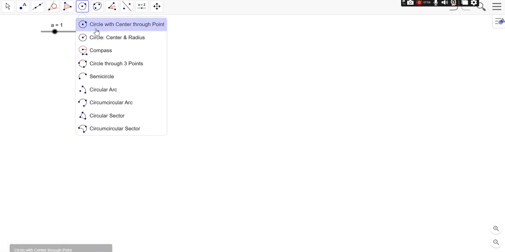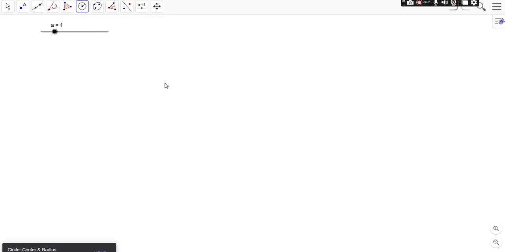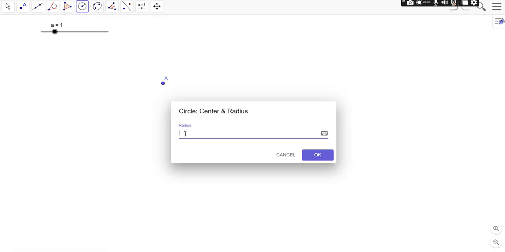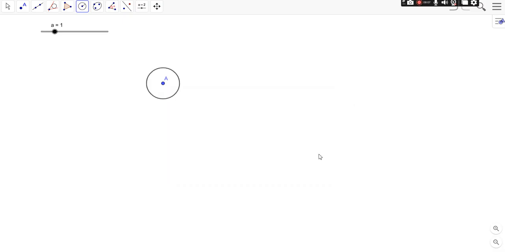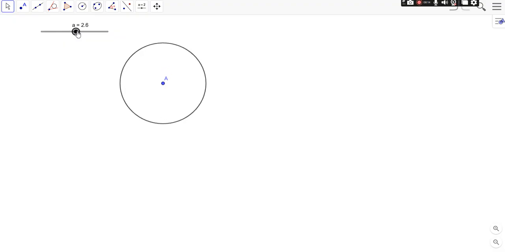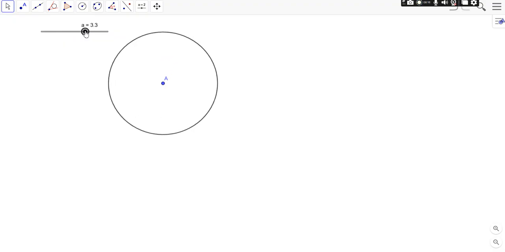Let's take a center point A with a radius, say up to 5 units. As I keep increasing it, the radius increases and the area of the circle also increases simultaneously. Okay, dear students, now we'll discuss another property.